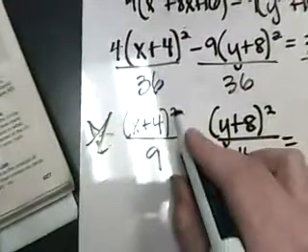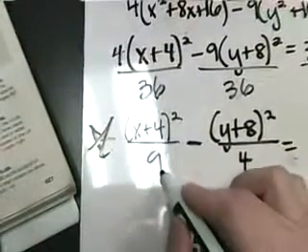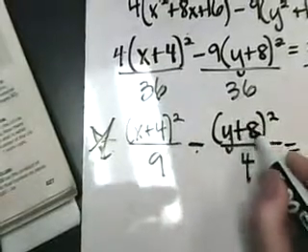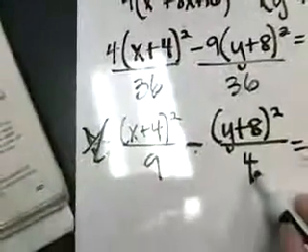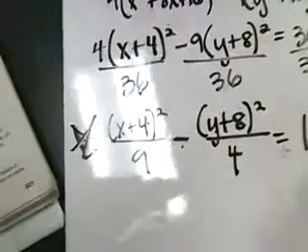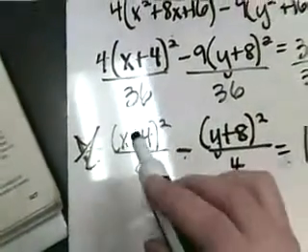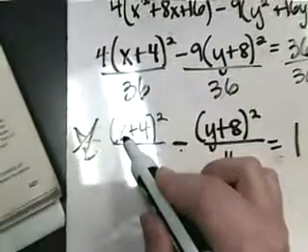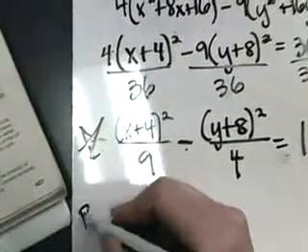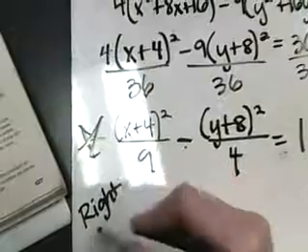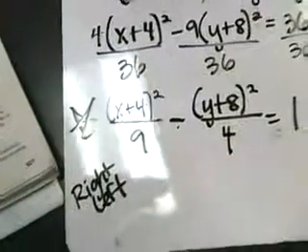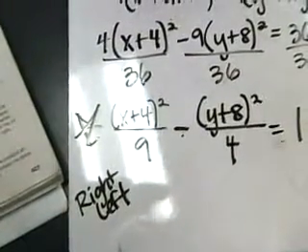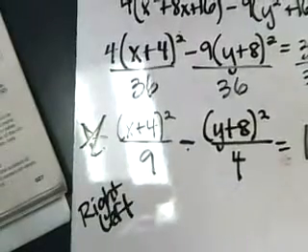(x minus h) squared over a squared minus (y minus k) squared over b squared equals 1. Now, since we know it's a hyperbola, and we see that x is first, we know from the start that that is a right and left hyperbola, meaning it follows the horizontal axis. Okay, so when I'm ready to graph it, I'm looking at hyperbola notes.